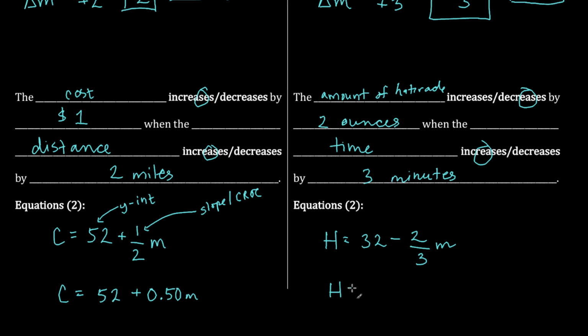Or you could say the amount of haterade starts at 32 ounces and it decreases by about 0.66 repeating ounces every minute. Remember that this is your y-intercept, that's 32. And this minus 2/3 is your slope. And that's it. Thank you.